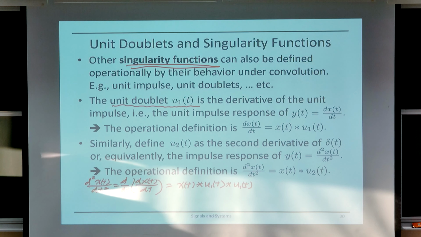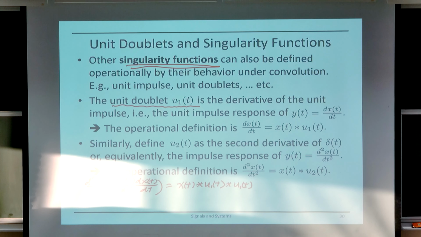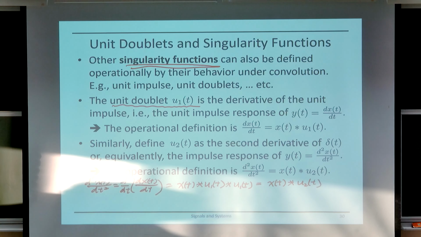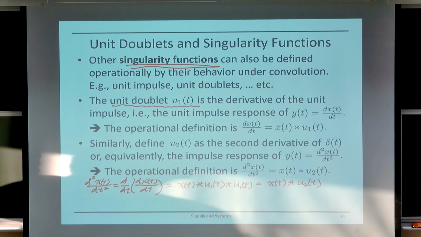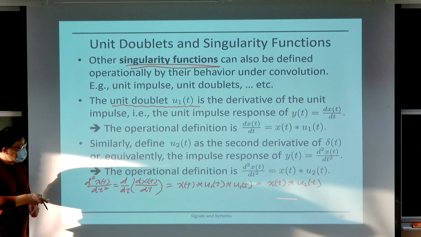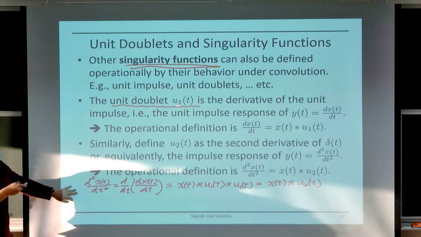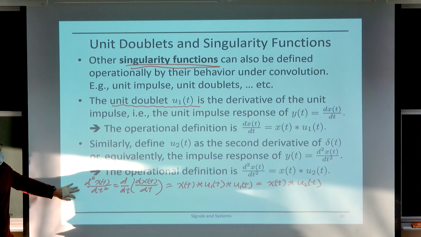And we also know that this second derivative can also be expressed directly as the convolution between x of t and u sub 2 of t, okay? So by this formula, you can see the relation between u1 and u2, right?